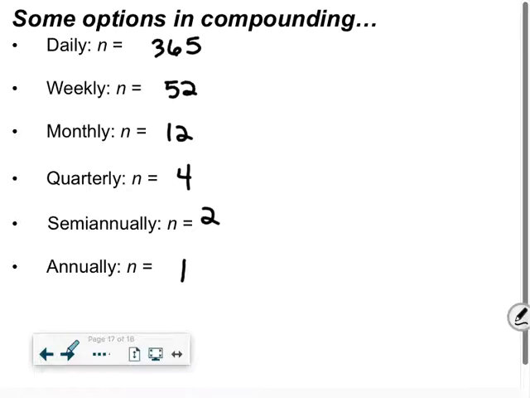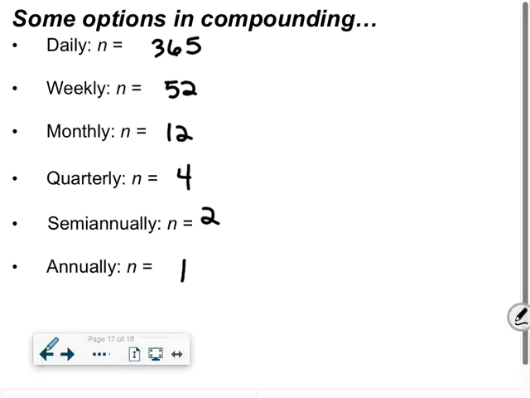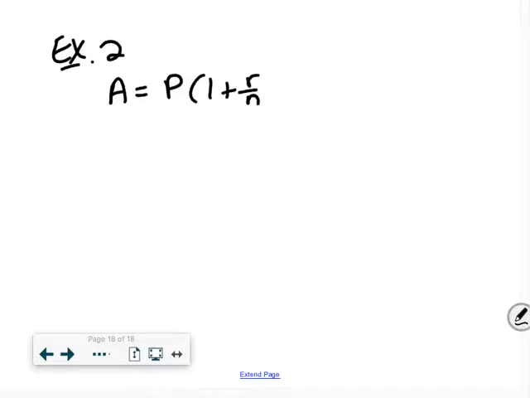So use the orange formula sheet here. It says, suppose Jenny deposited $5,000 into an account that pays 2.4% annual interest. Find the balance after 5 years. We're going to start with A equals P times 1 plus R over N to the NT power.